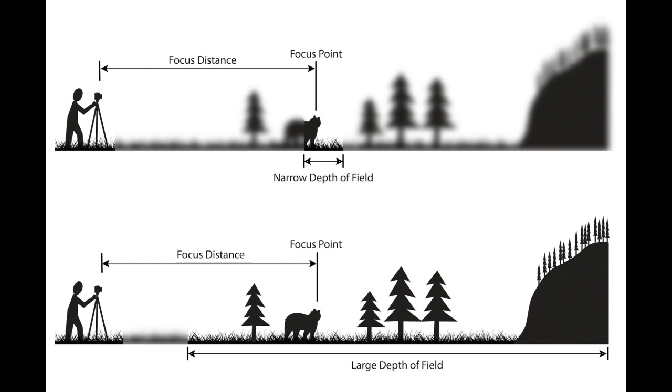We will discuss how we get a narrow depth of field later. Let's go to the second part, the lower part of the picture. You can see the photographer is taking a picture of the animal again, but in this case the animal, the trees and the mountain are in focus.